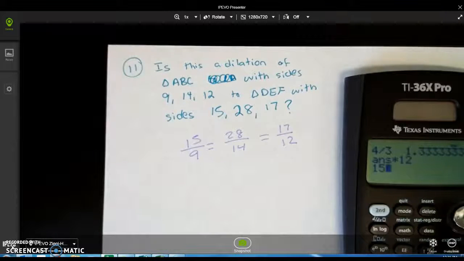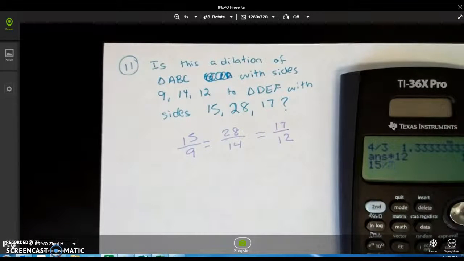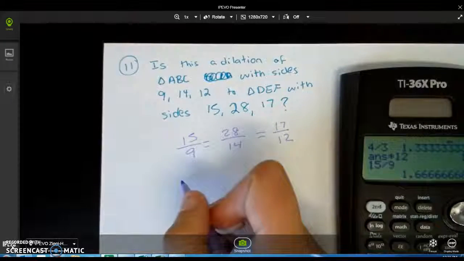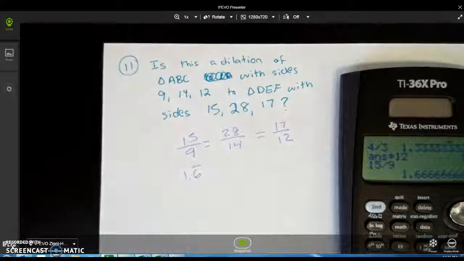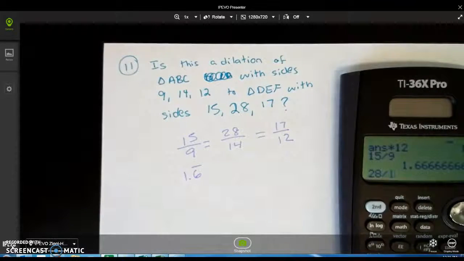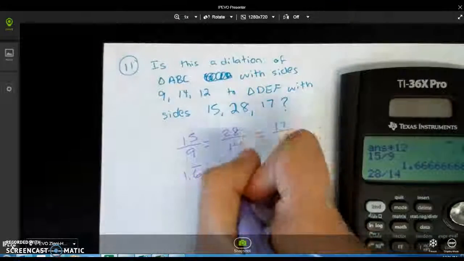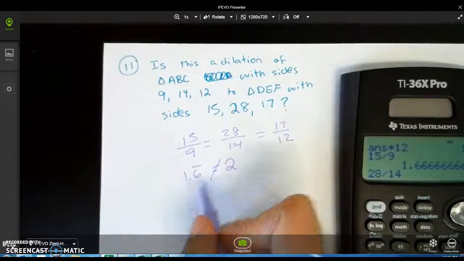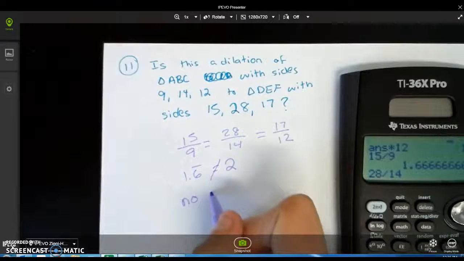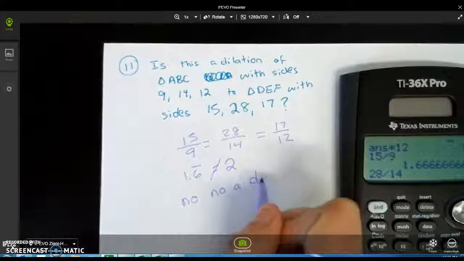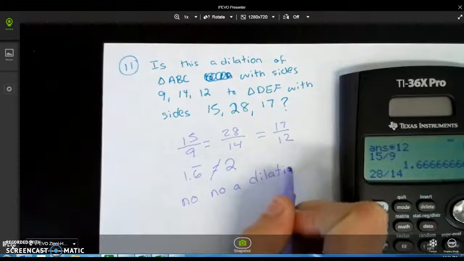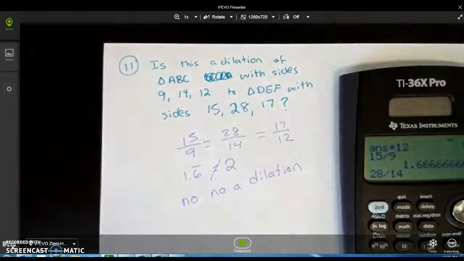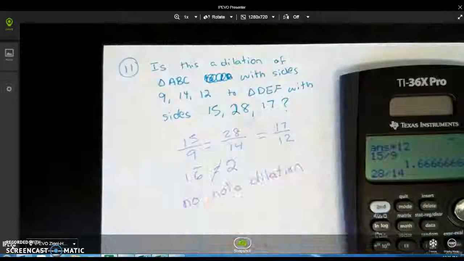Let's just put it in the calculator and find out. 15 divided by 9 is 1.6 repeating. 28 divided by 14 is 2. I don't have to do anything else because these two are already not equal, so I can already say no, not a dilation.